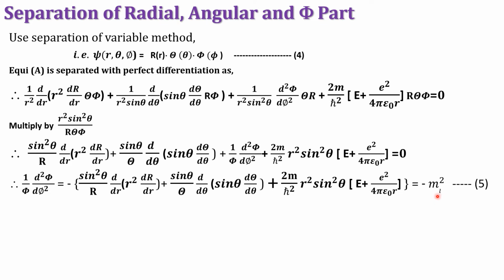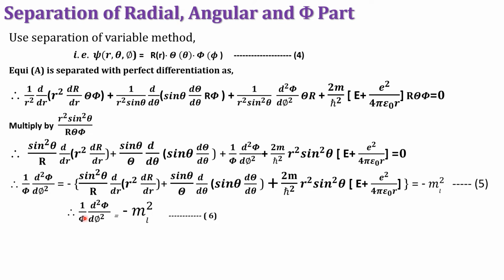Now what is ml? ml is the magnetic orbital quantum number. From that equation we write two separate equations. One is 1 upon Φ d²Φ by dφ² equal to minus ml squared, and all the other terms on the one side are also equal to minus ml squared. Hence, we write the two separate equations.